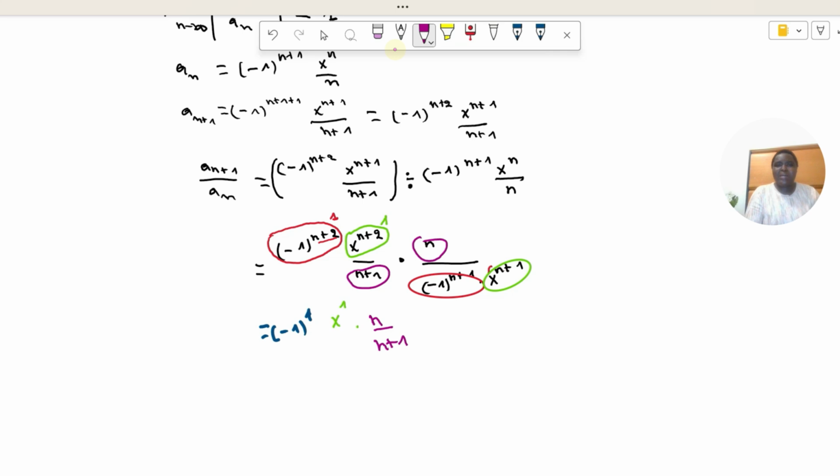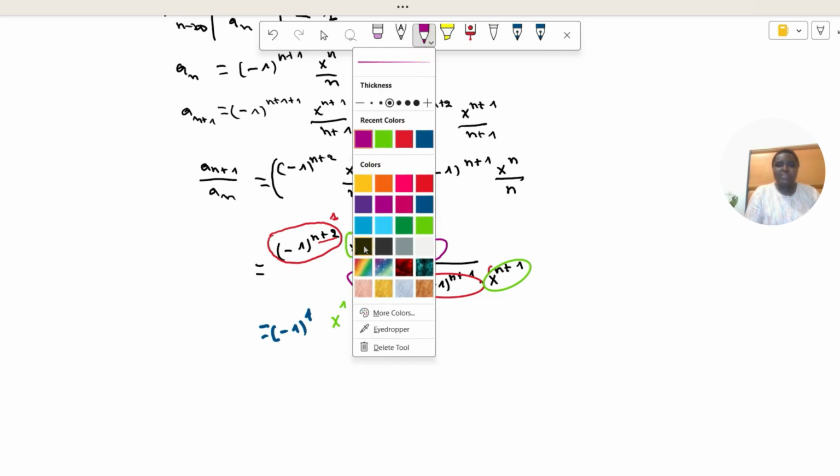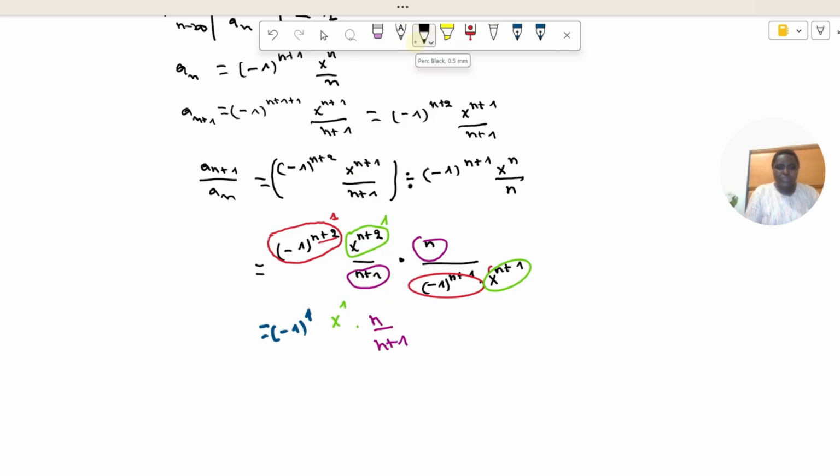All right. So then this will be equal to minus 1 power 1, this is minus 1, and then x power 1, this is x, so minus x, and then times n over n plus 1. Yes, this is this ratio. And then what about a n plus 1 over a n in absolute value?